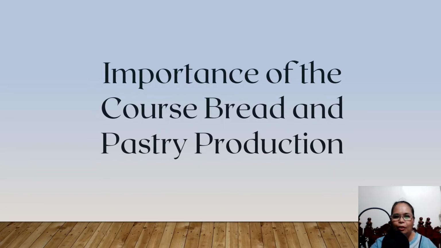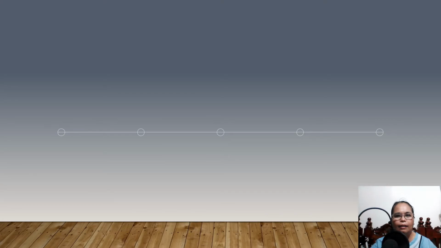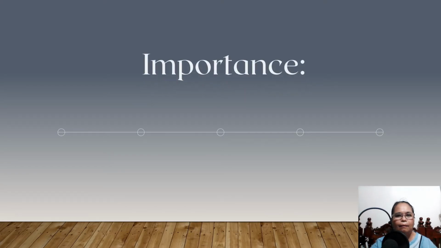The importance of the course bread and pastry production. Number 1, get acquainted with your bakery. One of the objectives of this module is to be acquainted with our bakery.